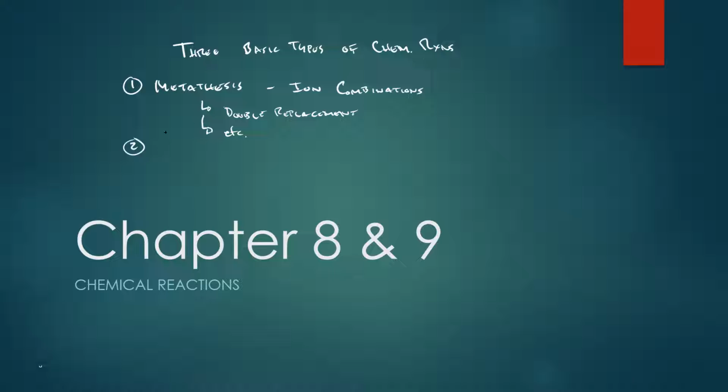The second type of reaction that we'll look at are acid-base reactions. Acid-base, there are three types. The Arrhenius. This is just different ways of visualizing. The Lewis acid-base, or actually Bronsted.